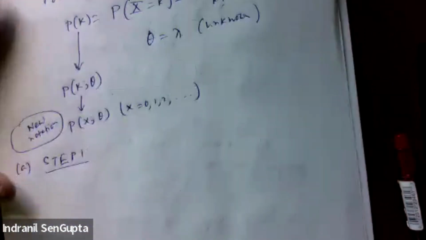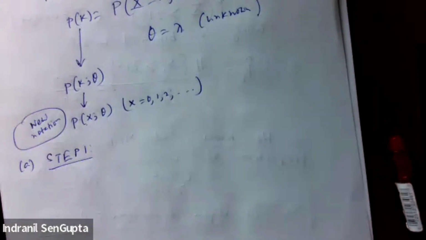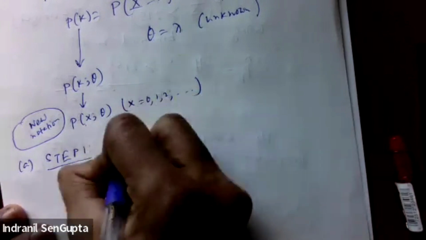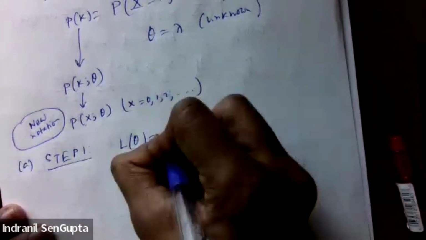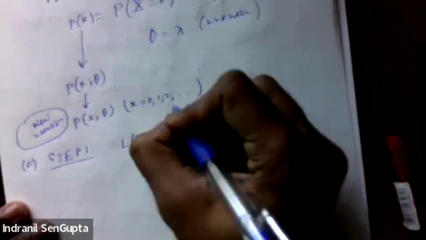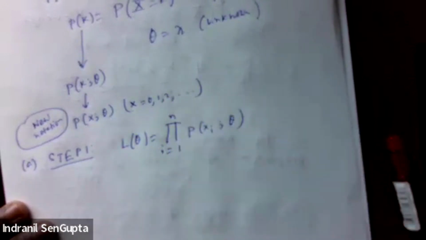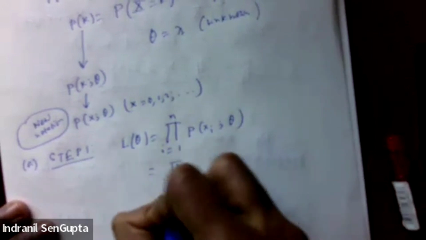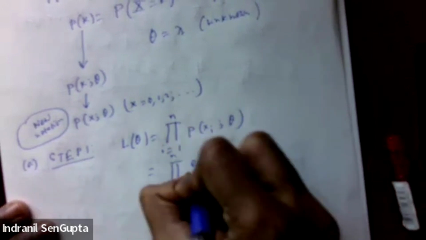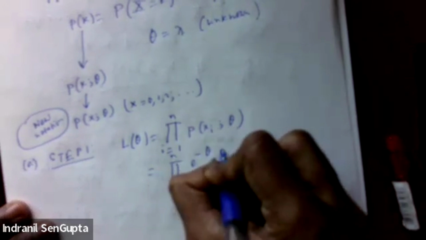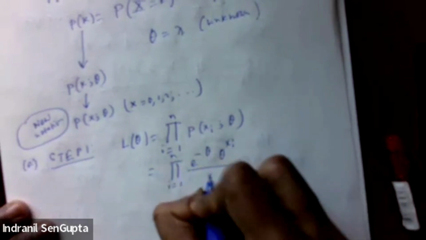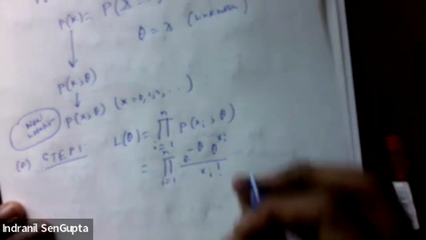where we have to find the maximum likelihood estimator of this quantity. So here L of theta is the product over i from 1 to n of p of x i, theta, which is the product over i from 1 to n of e to the minus theta, theta to the x i over x i factorial.